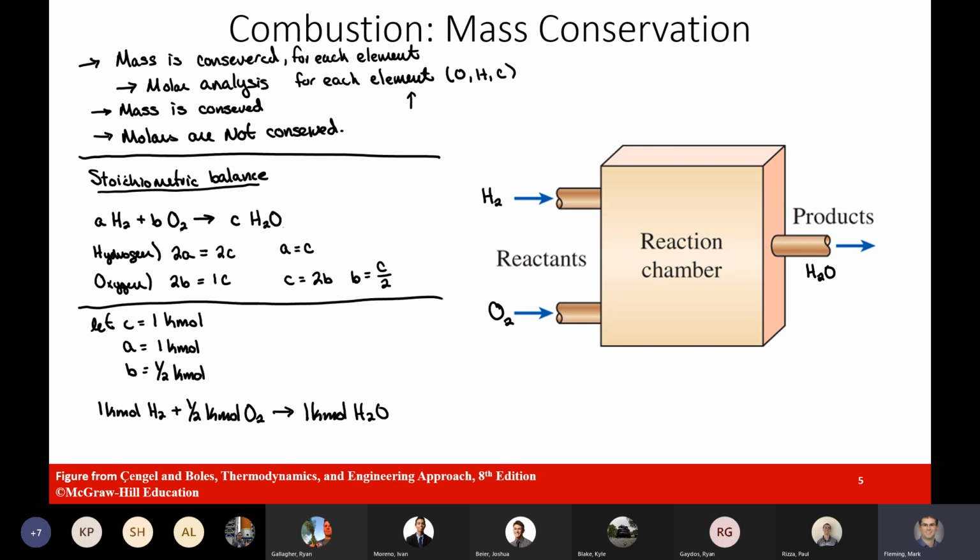Now, what I want to point out here is that on the molar analysis that we've just done, we had 1 mole here, we had 1/2 mole here, so we had about 1.5 kmols of substance that we brought in on the reactant side. Now on the product side, we only have 1 kmol of substance on the right-hand side, and so we'll note 1.5 does not equal 1, so we can't say the moles balance.